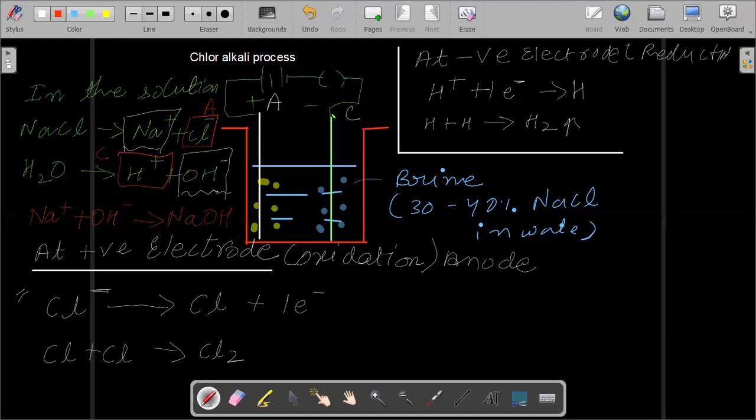So sodium hydroxide, or the alkali, is obtained in the aqueous solution. Your solution mainly contains caustic soda, which is an alkali. Now, why doesn't Na plus move to the cathode? Can anyone tell why it doesn't move?